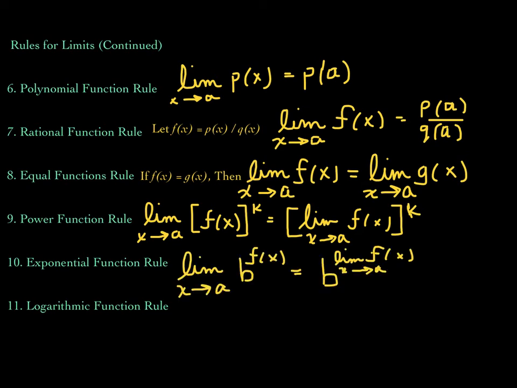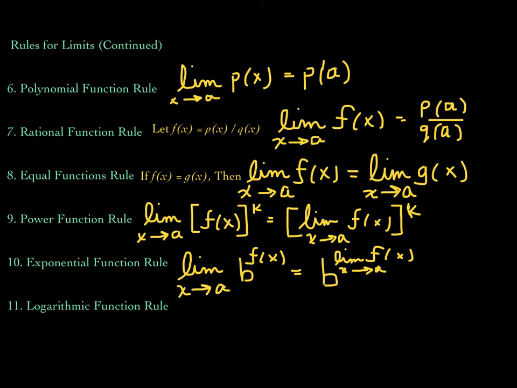All right, this is the exponential function rule. So here we have the limit of b to the power of f of x, okay, as x approaches a. This looks like an exponential function, and it is equal to the base b raised to the power of the limit of f of x as x approaches a.